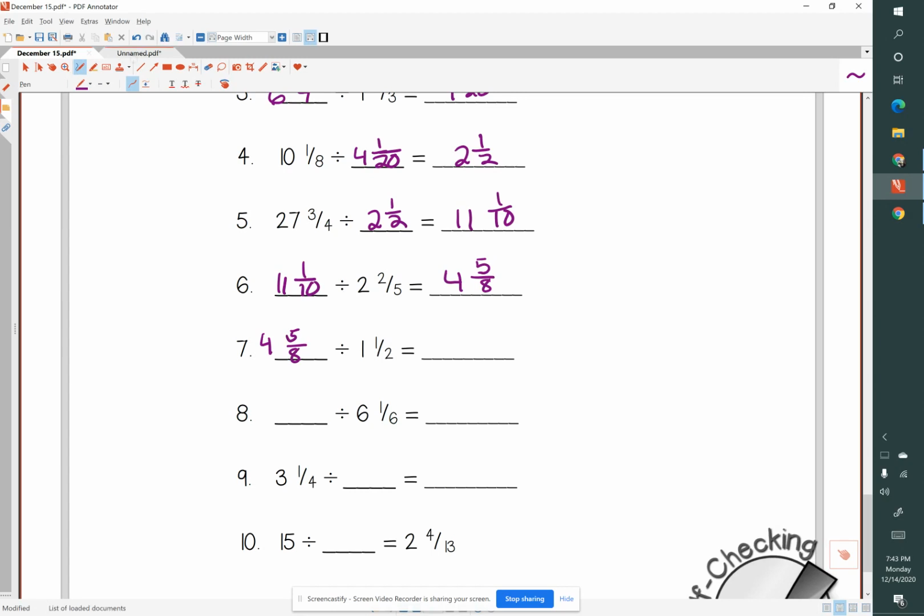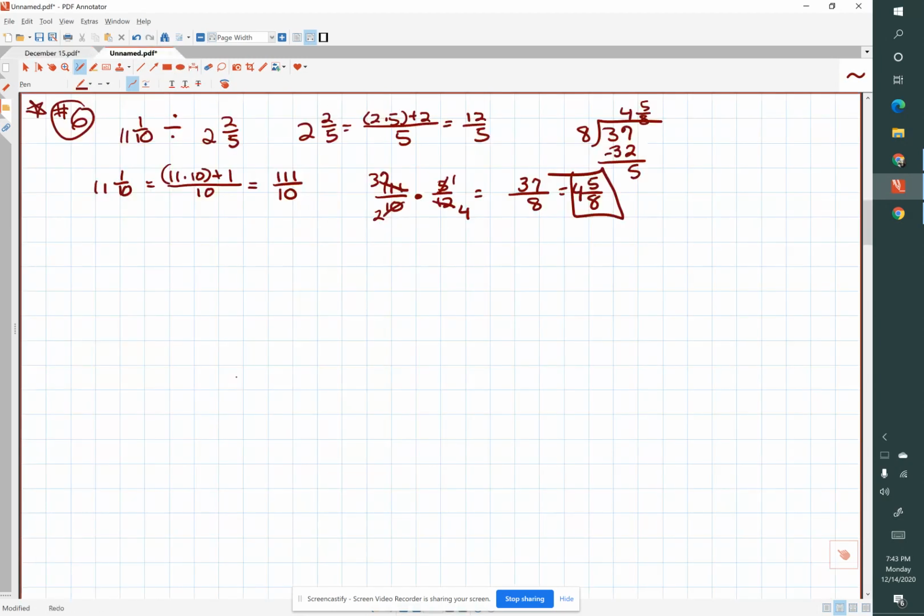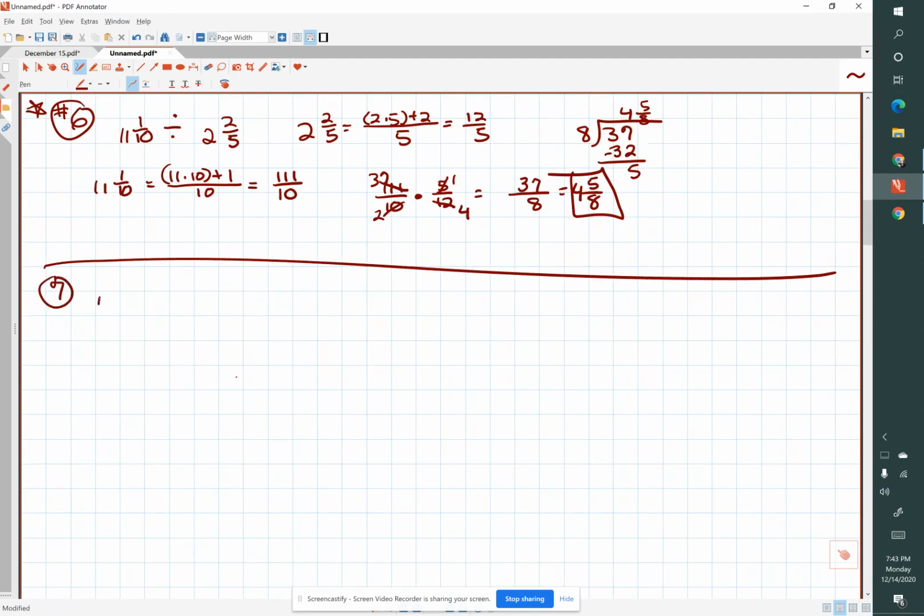Okay, number 7. 4 5/8 divided by 1 1/2. So 4 5/8 is the same as 37/8. 1 1/2 is the same as 3 over 2. So we're going to change the division to multiplication. And the reciprocal of 3 over 2 is 2 over 3.